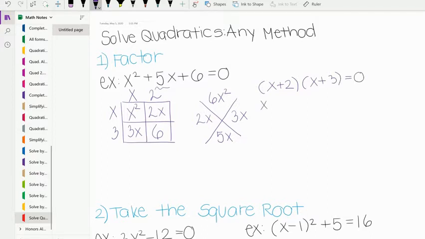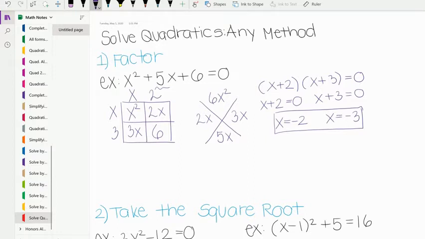And then using the zero product property, we could separate these and set them both equal to 0. So we would have to subtract 2 and subtract 3. So we get x equals -2 and x equals -3. So there are two solutions, which means the graph crosses the x-axis at both -2 and -3.